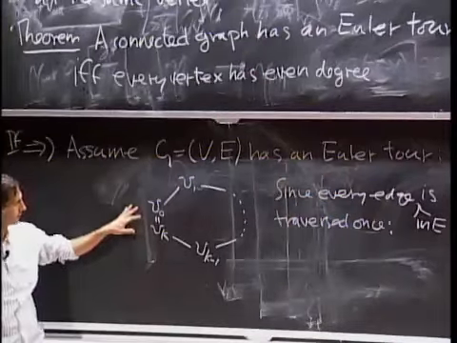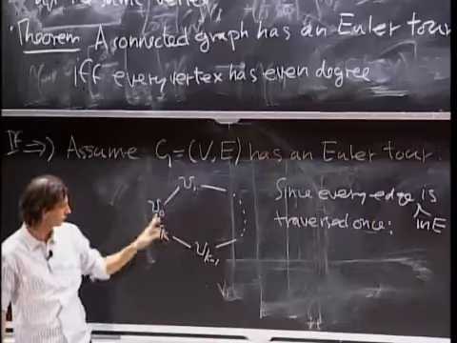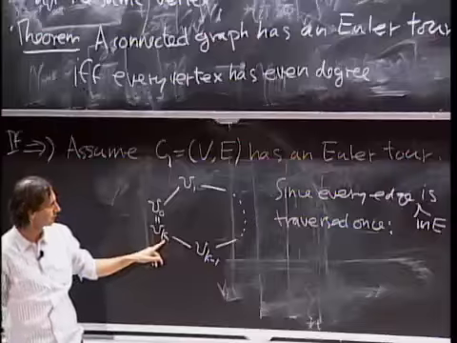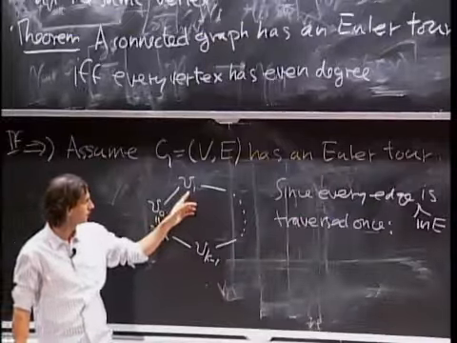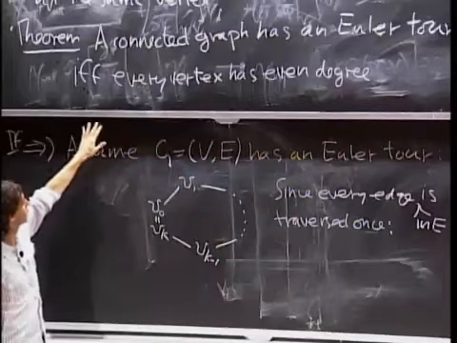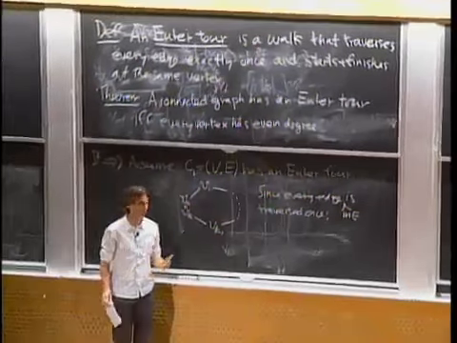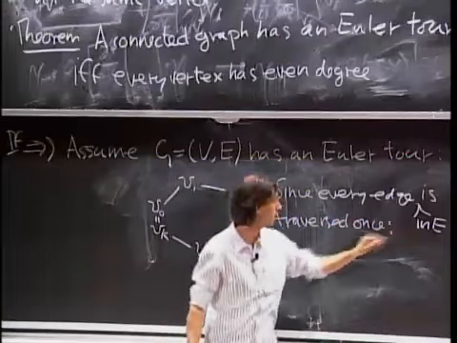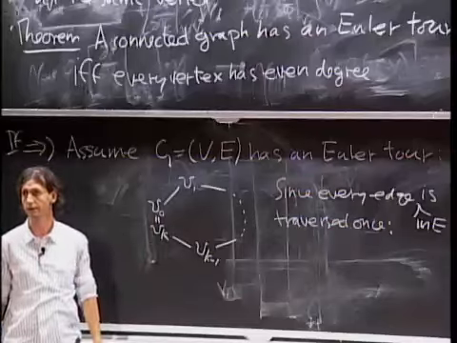Given such a cycle, a walk of length k, what can we say about the number of edges, for example? What can we say about the degree of the vertices? Because that's what we want to show, right? We want to show that every vertex has even degree. Does anyone know how to go ahead here? So we know that every single edge in E is traversed once within this whole walk. So what kind of properties can we derive?